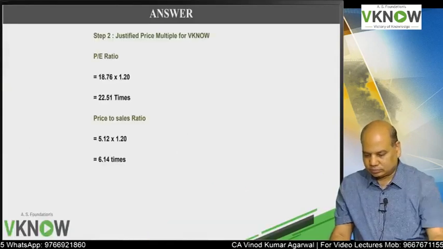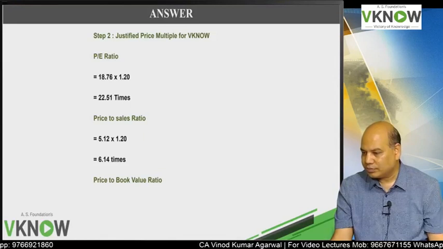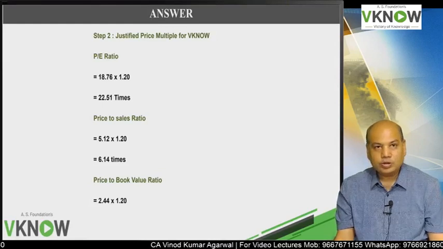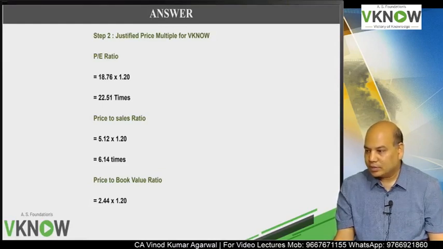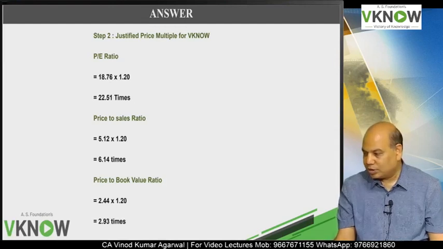Very good. Okay, no problem. Now write down price to book value ratio. 2.44 into 1.20. So how much is that? 2.93. Very good.